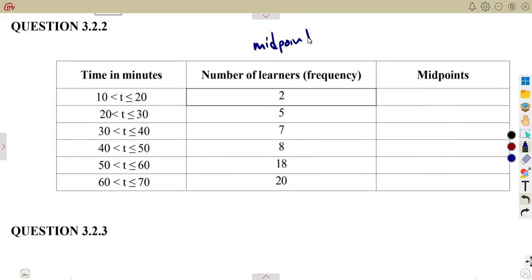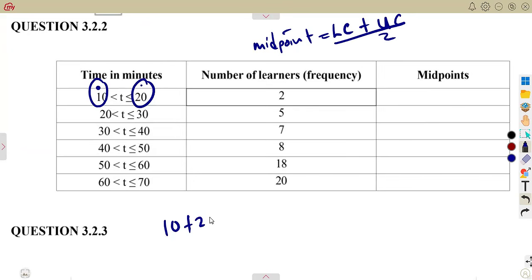In order for you to have a midpoint, you must have the lower part of the class and the upper part of the class added. So you can just use lower class plus the upper class, which is like the lower interval to the upper interval, divide by 2. You add what is on the lower to the upper, you divide, like 10 plus 20, everything over 2.